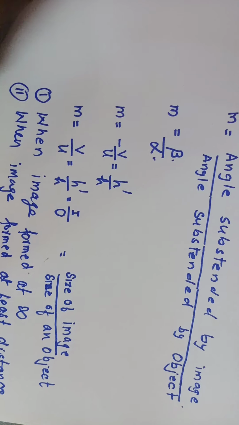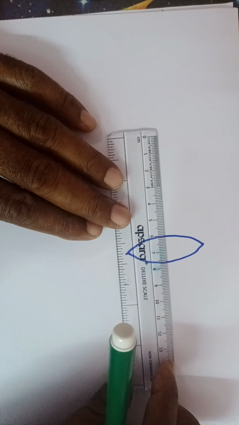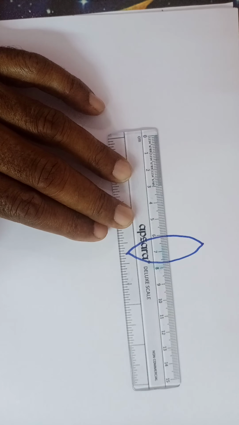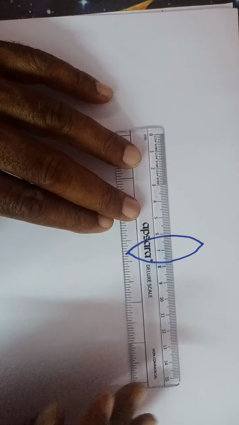Now let us consider the image formed by a simple microscope, case 1. For that we take a convex lens of certain focal length, and the object is placed between F and O. O stands for the optical center.